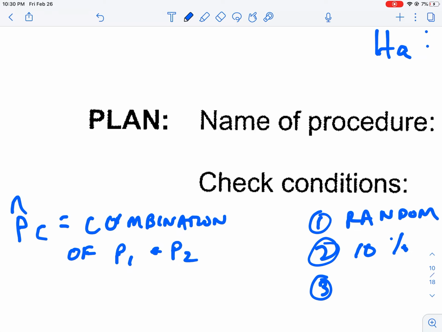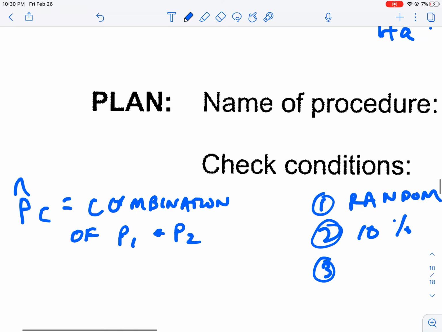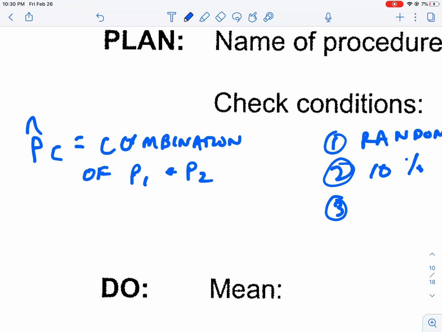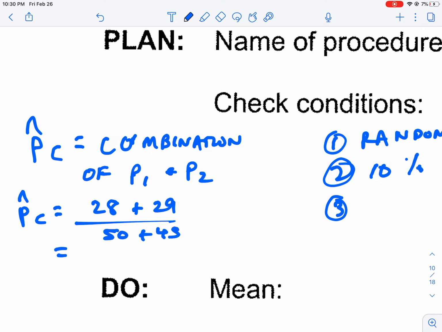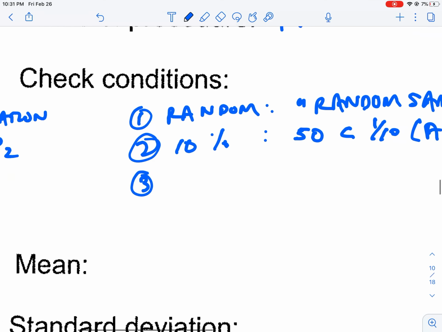When we run a 2-sample z-test for the difference of proportions, we are going to combine the two of them, because what we're looking at is the overall percent of people who fulfilled the certain criteria. So in this case, it's the overall percentage of people that attended prom. Our p hat sub c is going to be 28, which was our total number of juniors, plus 29, which was our total number of seniors, over our total number of people, which was 50 plus 45. So our p hat sub c in this case is 0.60.